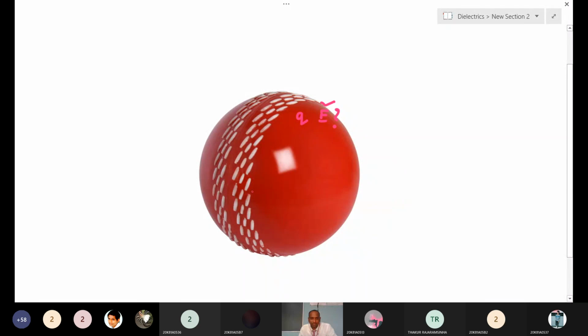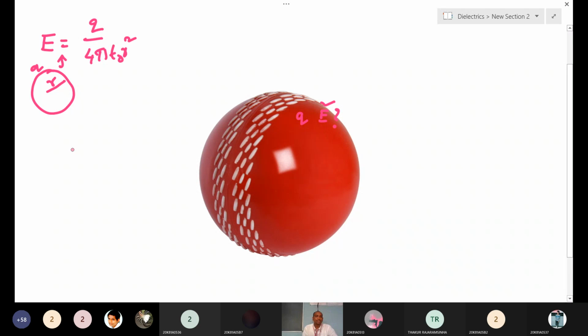If you want to estimate directly, it is a little bit difficult. So first, what is the formula? Suppose we have a sphere like this with radius r and charge q. The electric field is given by q by 4 pi epsilon naught r square.